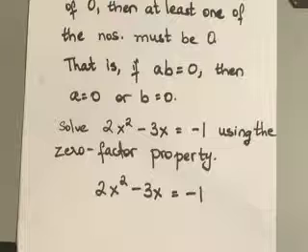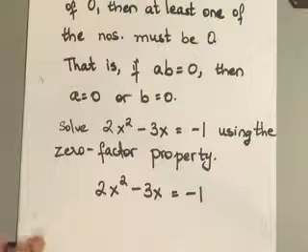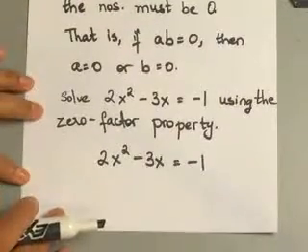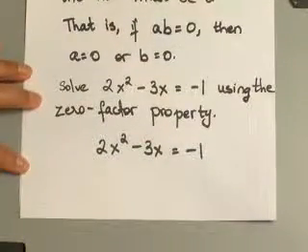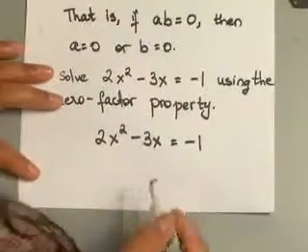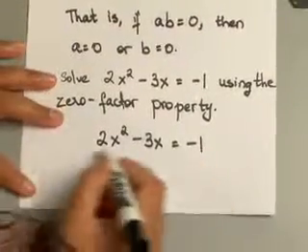So just to review our zero factor property, let's go ahead and look at this example here. You have 2x squared minus 3x equals -1, and we want to try solving this using the zero factor property. So the first thing that we need to do is write this in the standard form. So we will go ahead and bring our -1 over to the left hand side so that every term is on the same side.